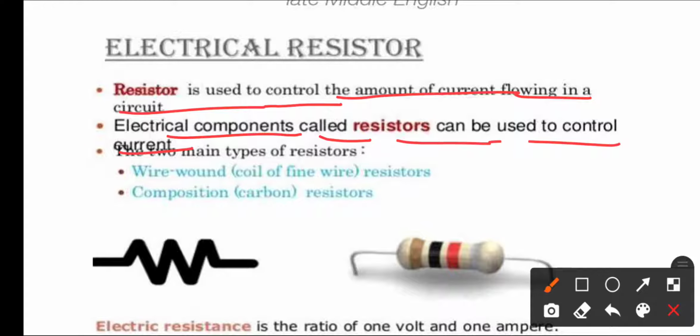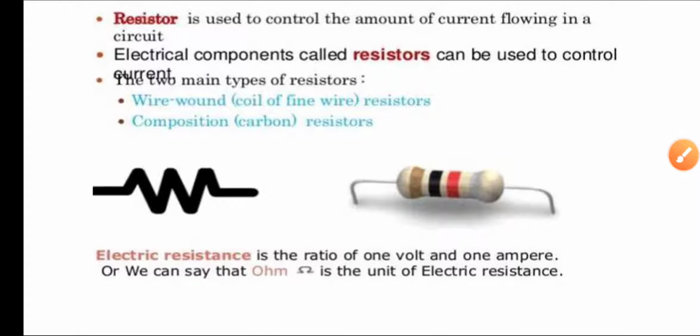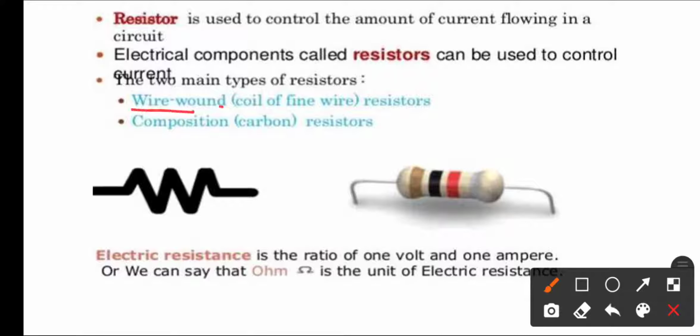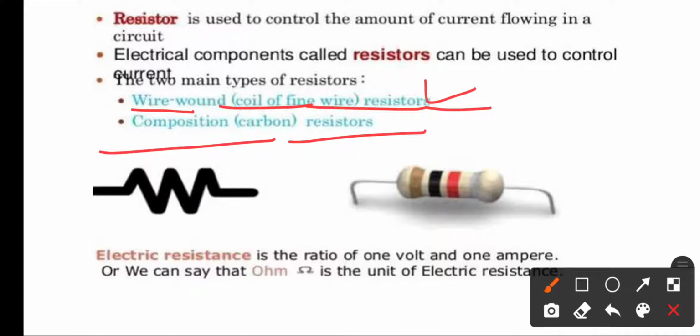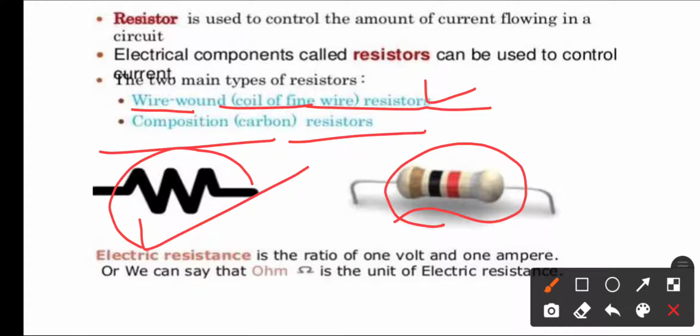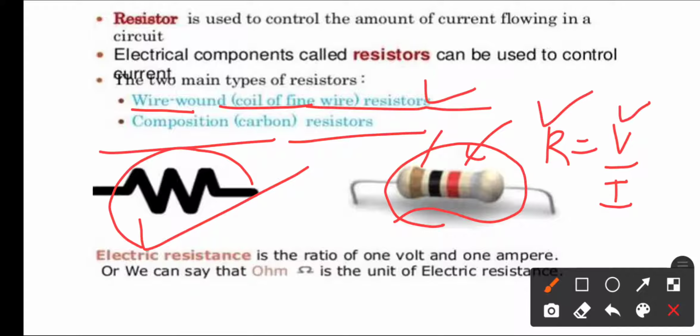Okay, guys. So there are generally two types of resistors. One is the wire wound coil of fine wire resistor, and the other one is the composition of carbon resistor. These are generally used in a circuit, wire wound, and sometimes carbon resistors with colored bands. Electrical resistance is the ratio, from Ohm's law, simply V upon I. The unit ohm means per 1 volt of voltage and 1 ampere of current.